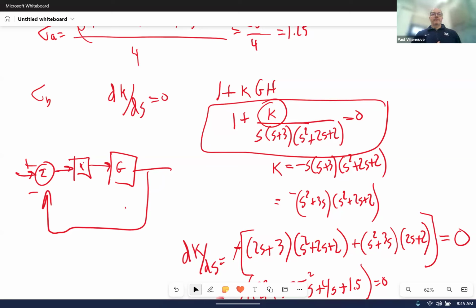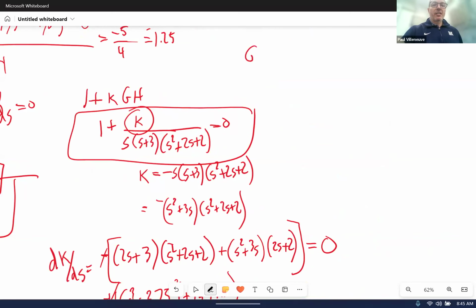Because remember, the closed loop transfer function is equal to G over 1 plus GH. In here is KG, right? So it's 1 plus KG.